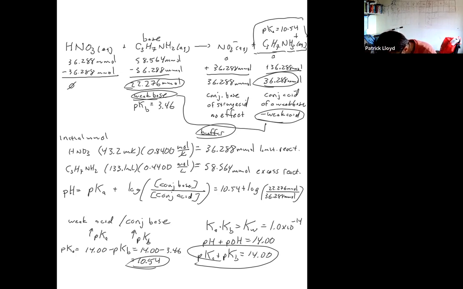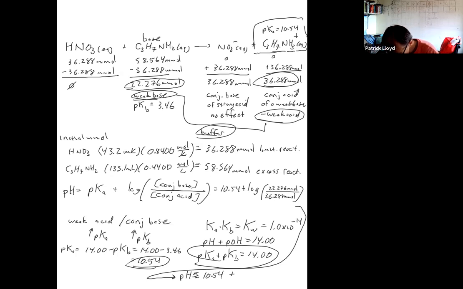I know that this is a little bit messy, but I'm going to bring it down here. So there's going to be 10.54 plus, and I'm just going to take the log, and I'll put this in parentheses, of 22.276 over 36.288.